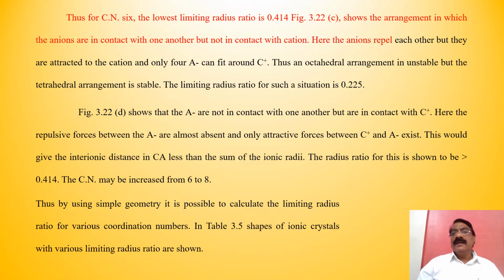Here the anions repel each other but they are attracted to the cation, and only 4 A minus ions can fit around it. Thus an octahedral arrangement is unstable for the third figure, but the tetrahedral arrangement is stable. The limiting radius ratio for such a situation is 0.225.